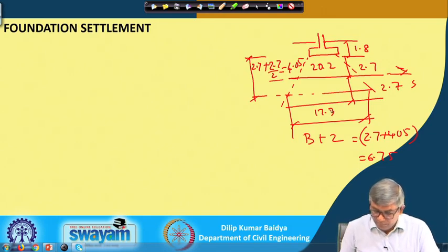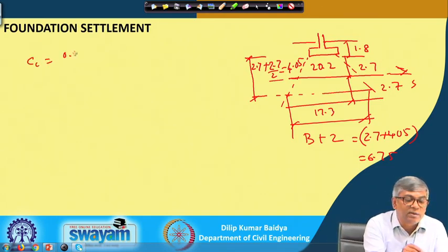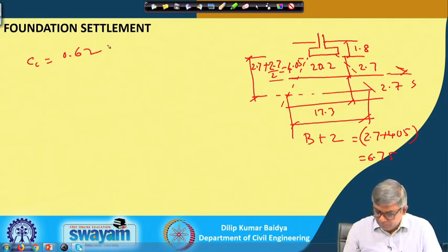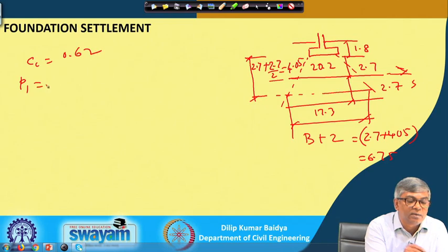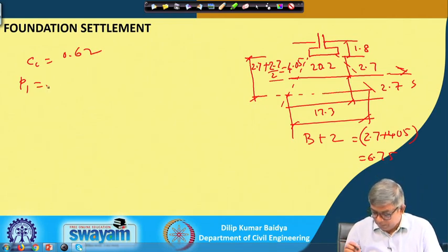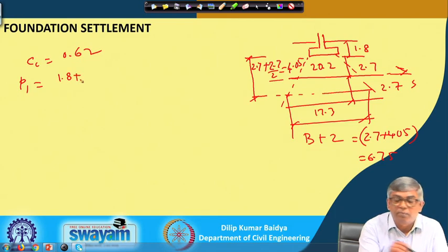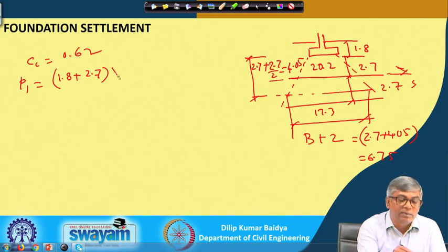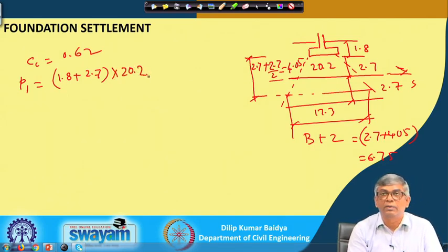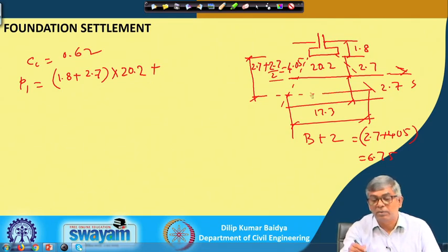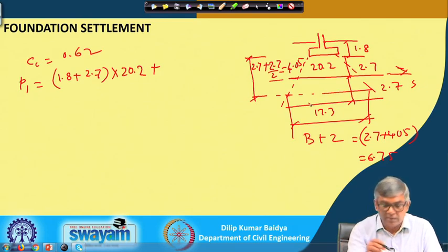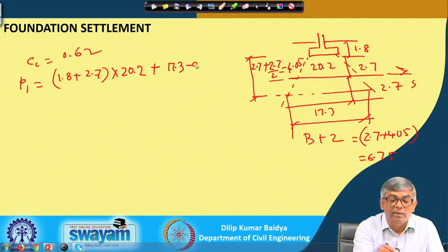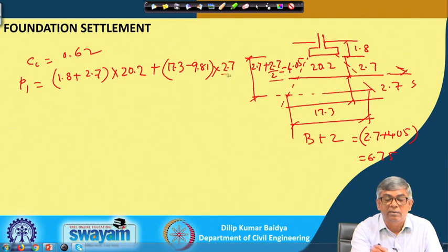So, I can find out now, already I have got Cc equal to 0.62, and then your P1 will be equal to 1.8 plus 2.7, this is sand and gravel, and unit weight is 20.2 plus your clay layer, that is 17.3 minus 9.81 multiplied by what is the depth actually, 2.7 by 2.